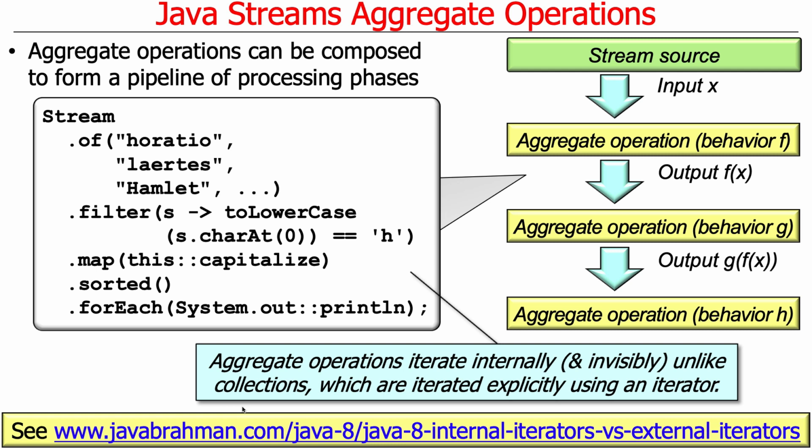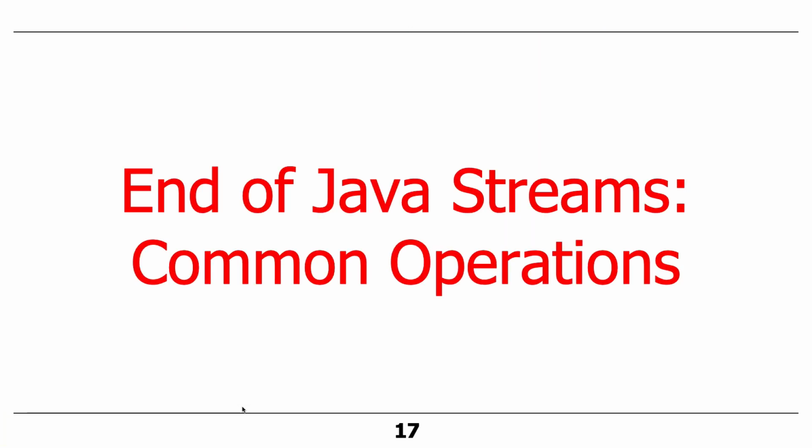We'll talk later about internal versus external iterators, but one of the cool things about streams is that they have so-called internal iterators, so they're invisible to you. And that provides certain really cool benefits that we'll also talk about later. Okay, so that's a quick overview of some of the common operations in a Java stream.